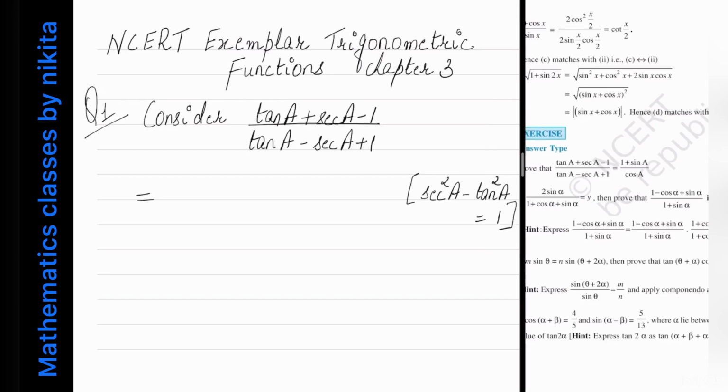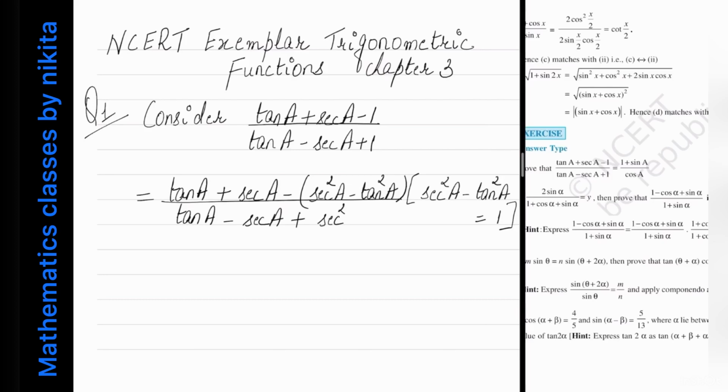So instead of 1 I will put this value, secant square A minus tan square A. So this becomes tan A plus secant A minus, in the bracket you will write secant square A minus tan square A, divided by tan A minus secant A, then plus secant square A minus tan square A.